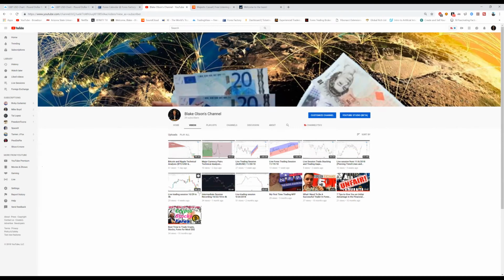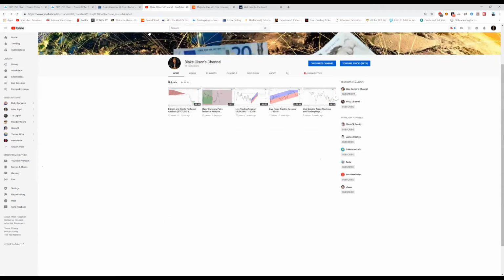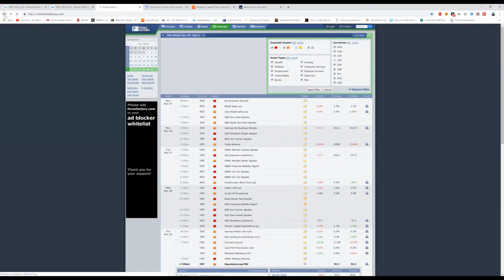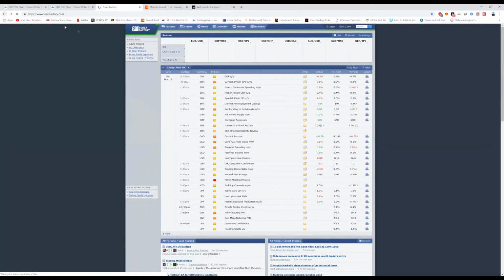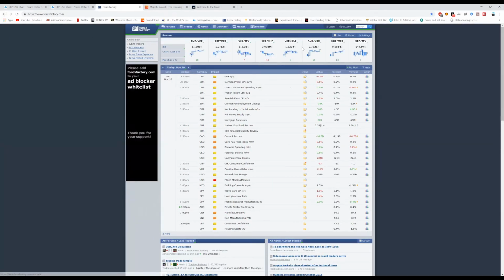At least these first 3 here, those ones are really good. Those ones are the beginner sessions. The other ones on the top here, the more recent ones, those ones are a little more advanced and they might be going over your head if you are a newer trader. So those are the main 2 extra websites I really suggest you all check out.